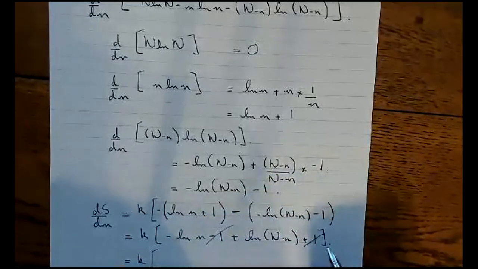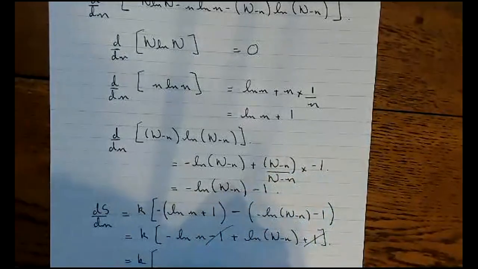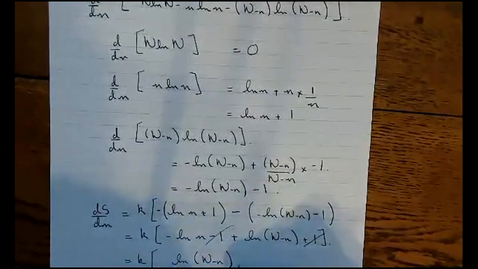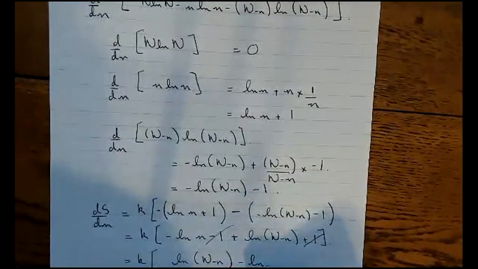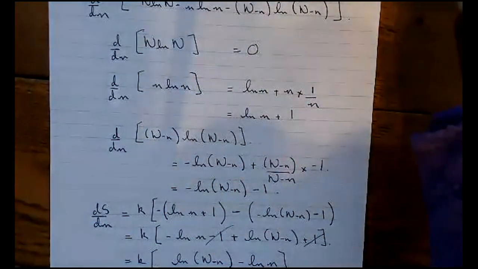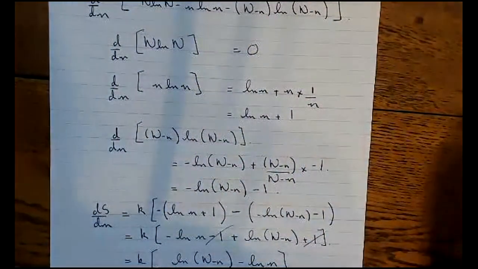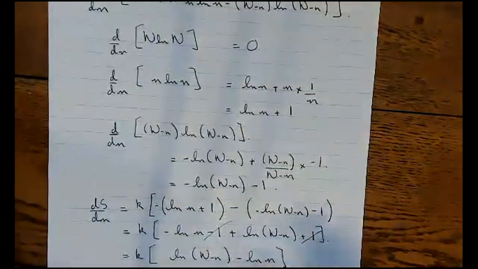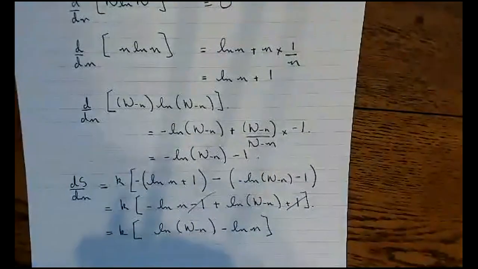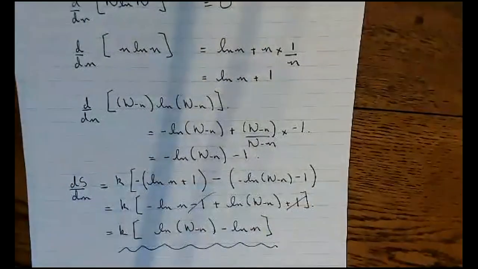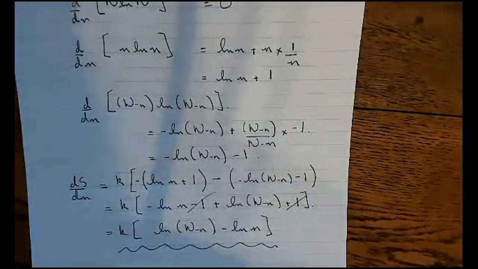These go out and we end up with ln of big N minus little n minus ln n. Which I think is correct. Okay, so we've done all of our differentiation.